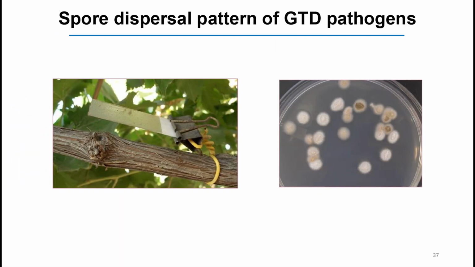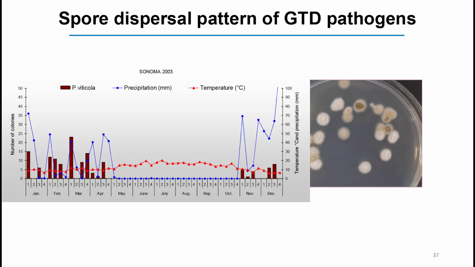We have done a lot of spore trap studies to find out when and under what conditions those spores are released into the air. This is one example, from January to December, the whole year, not just the season. These blue lines show the precipitation.